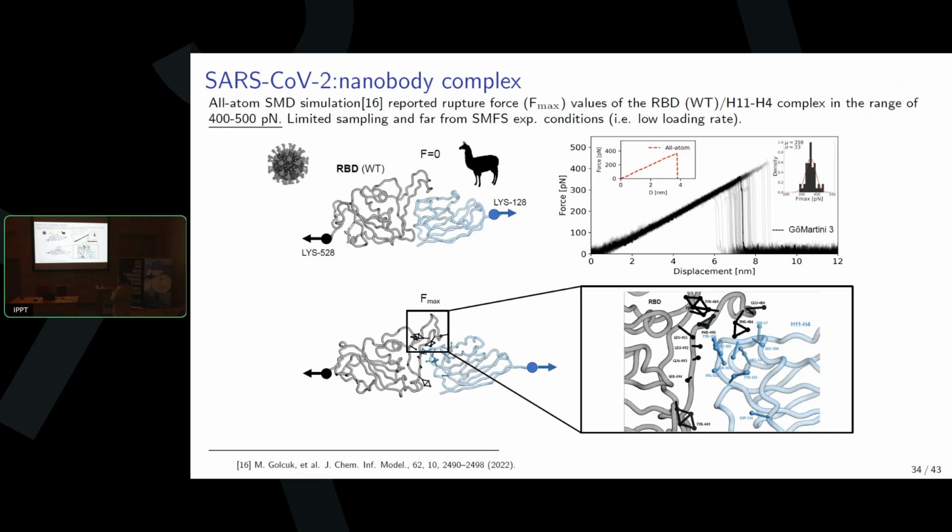So if you want to engineer something that is more robust across different variants, you should not only consider the binding strength, which is very good because that's part of the recognition, but once mechanical forces are acting on the complex, you will need to think about those amino acids that last before the system separates, because those are the ones that take care of the stability of the complex.